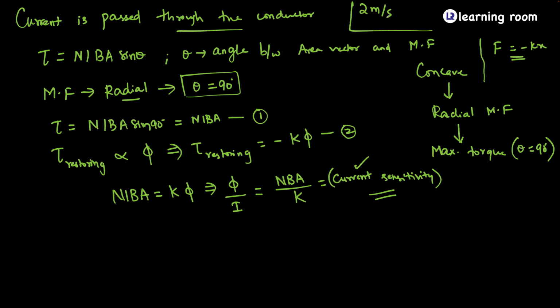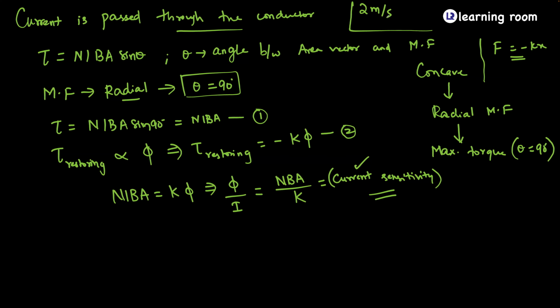In every 1 second, a distance of 2 meters is covered. In a similar way, when you pass unit ampere of current, there is a deflection of this much value shown. You're able to understand this?